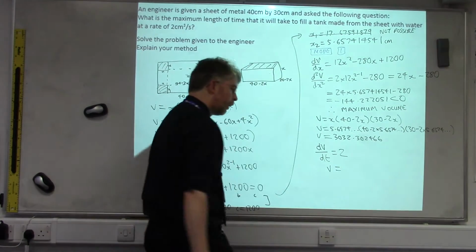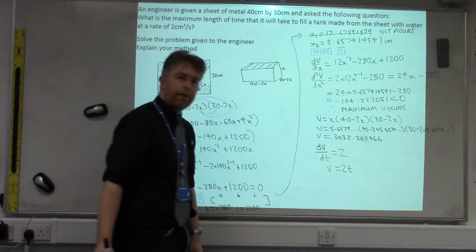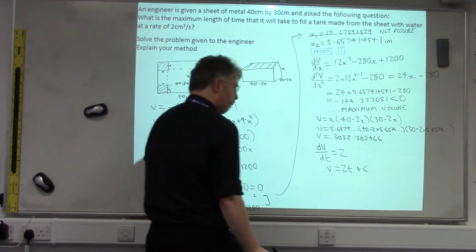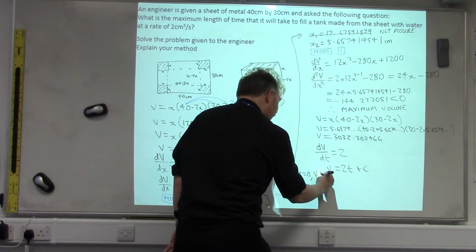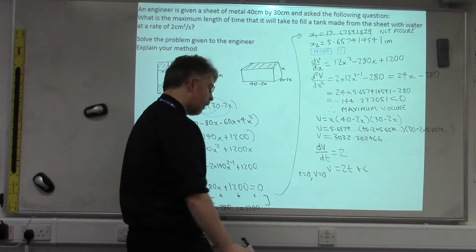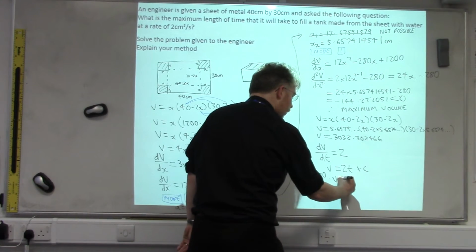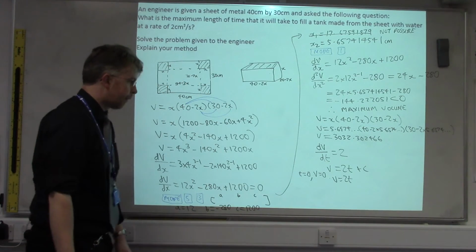So if we've got a constant, we just add the T on the end. So V is equal to 2T plus C. But since when T equals 0, when we start, there's nothing been filled in, the volume will be 0. That means that the C will be 0, so the formula is V equals 2 times T.